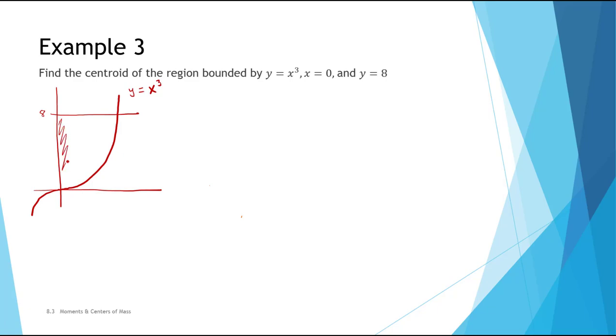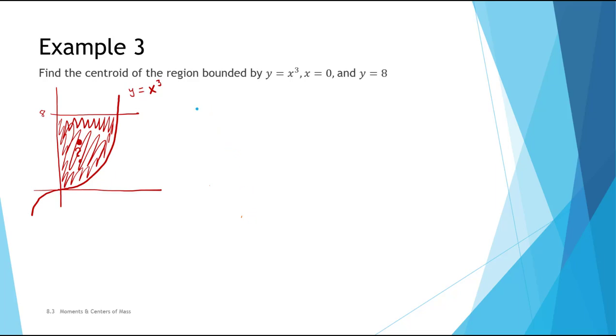So the region we're looking at is this. We would expect the centroid to be a little bit left of the center here and a little bit above the horizontal center. So I would estimate right about there.